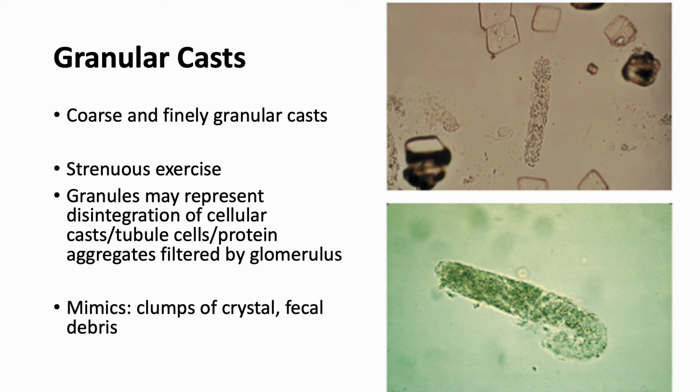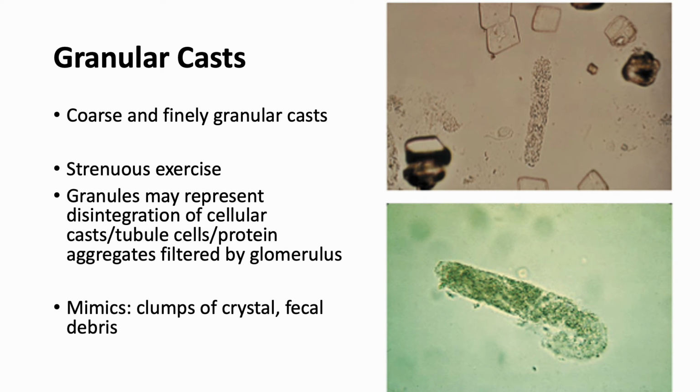Granular casts may be pathologic or non-pathologic. They can be coarsely or finely granular, however it's not necessary to distinguish between the two. The origin of the granules in non-pathologic conditions is from the lysosomes excreted by the renal tubular epithelial cells during normal metabolism.